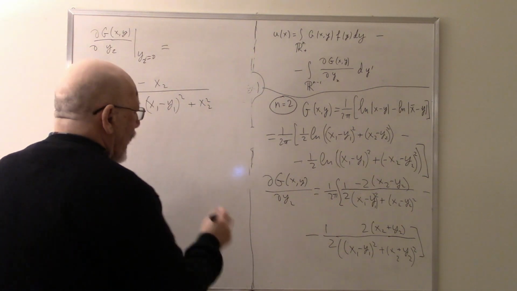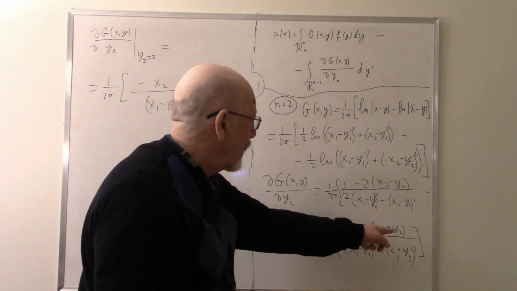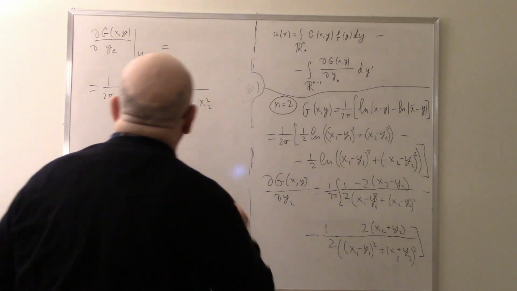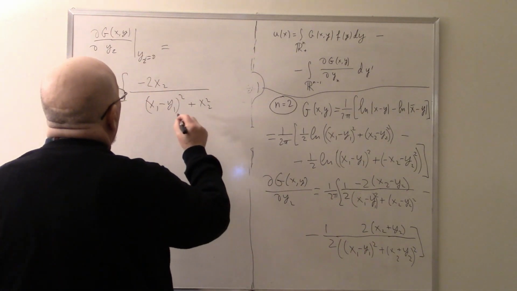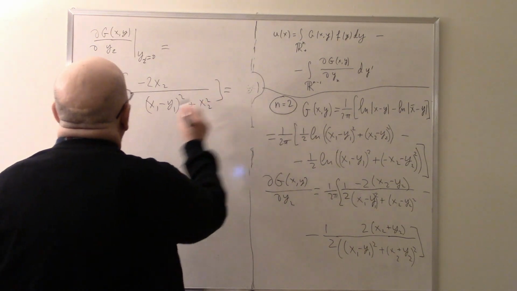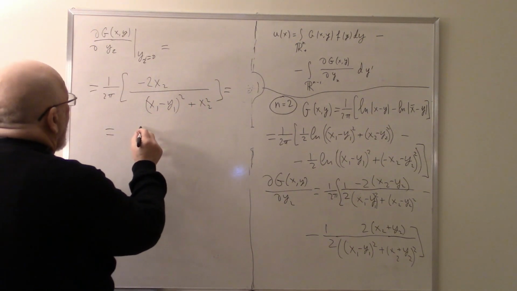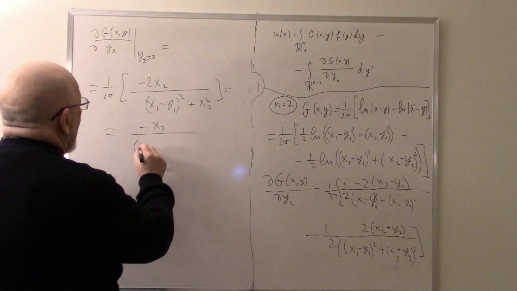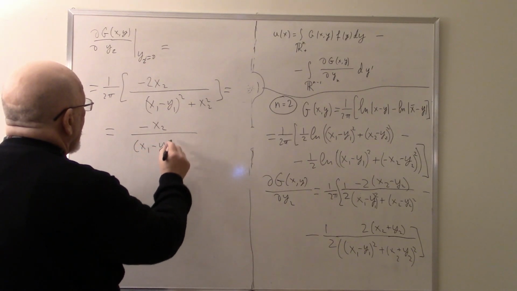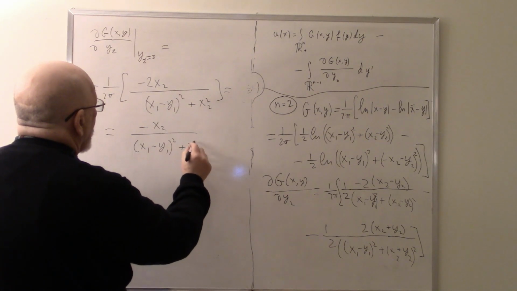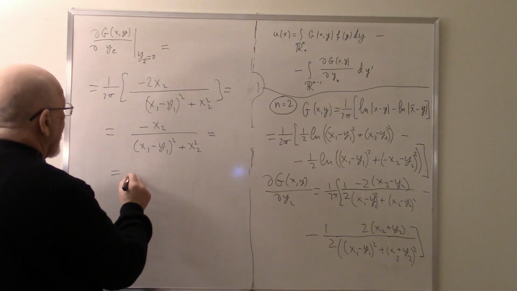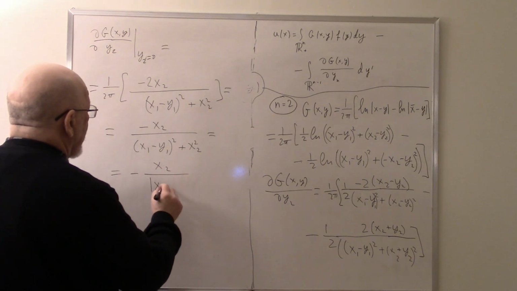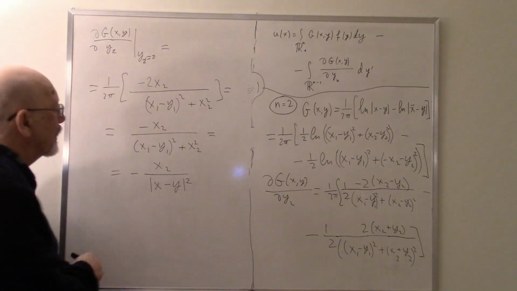And here again minus x2 times the same. So minus 2 x2, equals minus x2 over (x1 minus y1) square plus x2 square, simply minus x2 divided by modulus x minus y square.